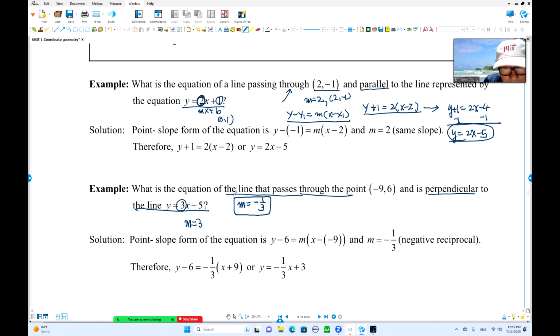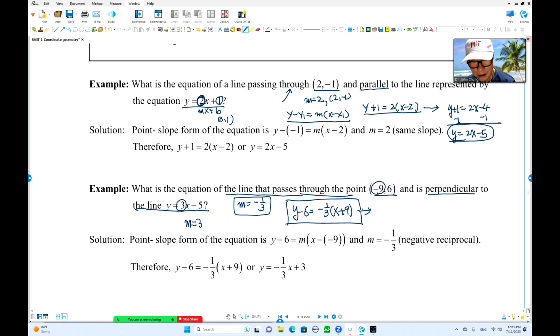That's the slope. Now using point-slope form, you can set up the equation. The point is given here. y minus 6, slope is negative 1/3, x minus minus 9 over here, right? Minus minus 9 is a positive 9, okay? That's the answer. You can leave it this way, or you can transform this into slope-intercept form.